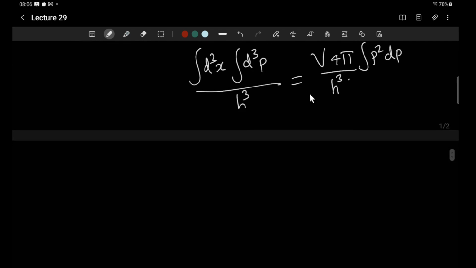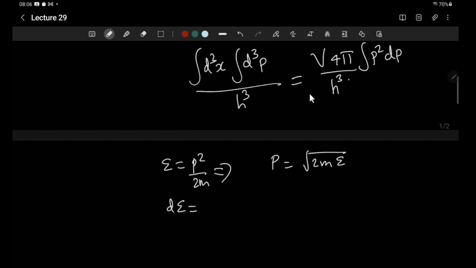Epsilon equal to p square upon 2m implies p equal to square root of 2m epsilon. So d epsilon will be 2p dp by 2m. So this is just p dp over m.